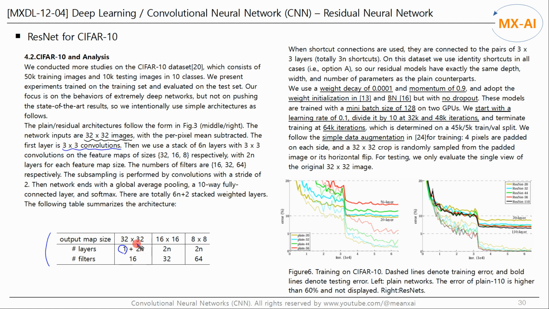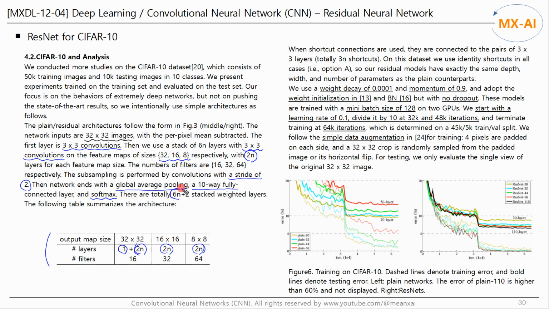Then we use a stack of 6n layers with 3 by 3 convolutions on the feature maps of sizes 32, 16, 8 respectively, with 2n layers for each feature map size. The subsampling is performed by convolutions with a stride of 2. Then the network ends with a global average pooling, a 10-way fully connected layer, and softmax.